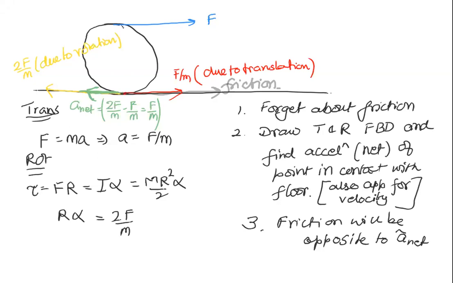And if the bottommost point would have been accelerated backwards, then the direction of friction, which must oppose relative motion, has to be forward. So this is the way that you should find the direction of friction. This is exhaustive. This is very, very accurate.